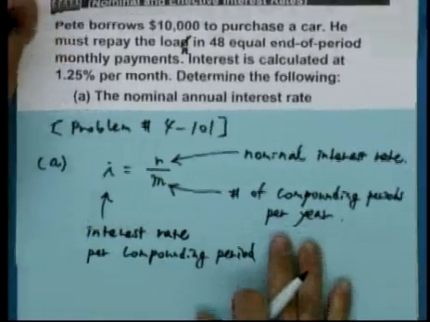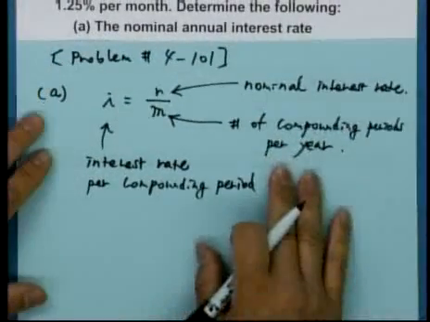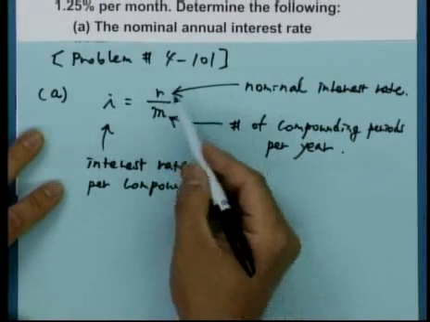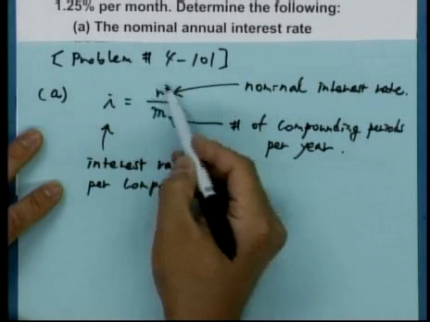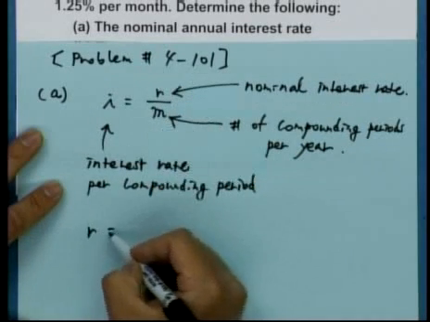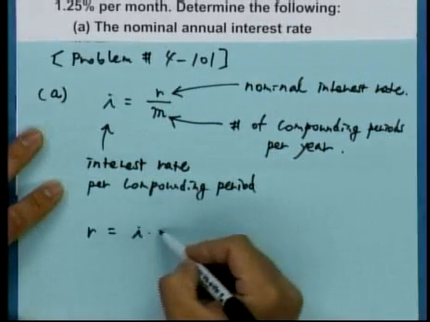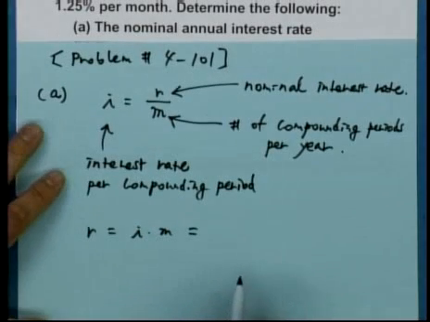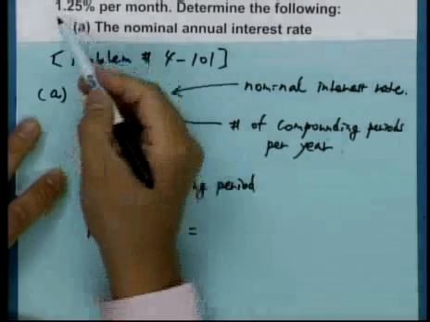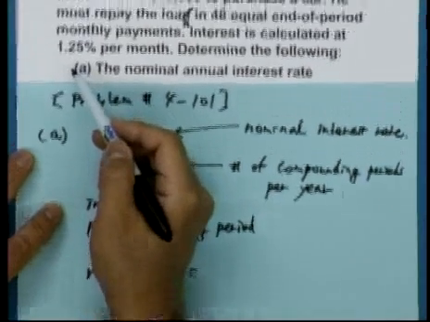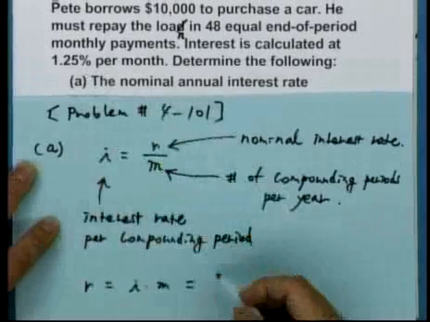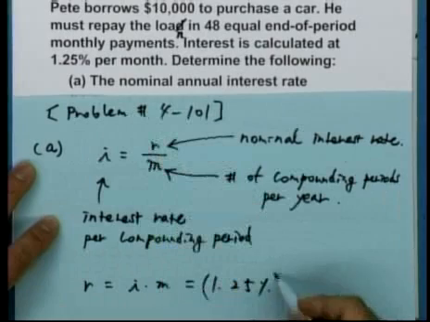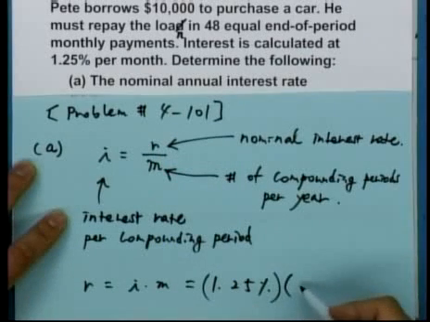So here, for part A, we want to obtain R. So R would be I times M, right? I is given as 1.25% in the problem description, 1.25% per month. What is M?